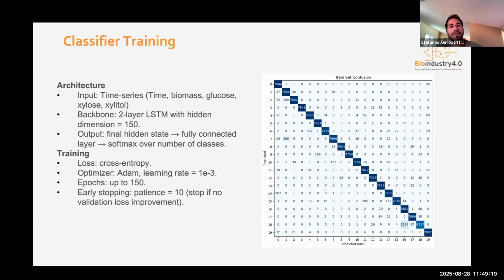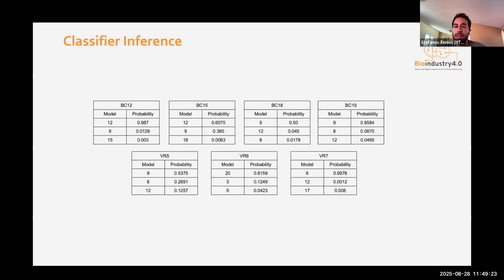Once we trained the classifier, we went and did parameter inference on the experimental runs. We have the 4 ones that I mentioned earlier, and we have some additional ones which were with different conditions, I think in different cells.